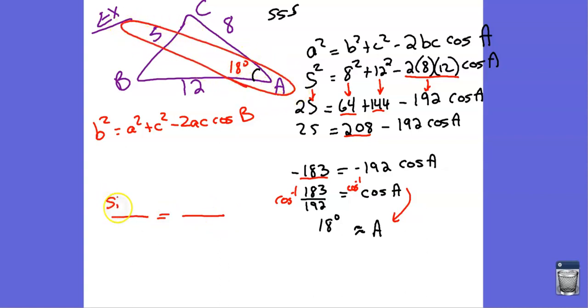So we literally could do sine of 18 degrees over 5 is the same as sine of B over 8, and that would give us angle B.